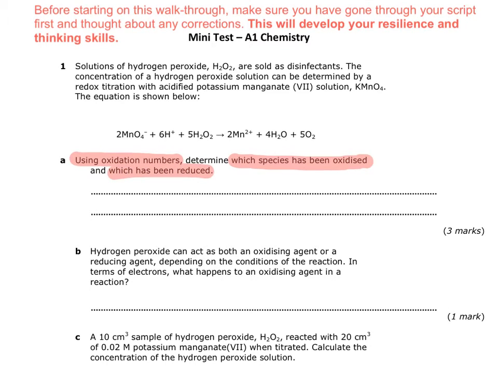So the first thing to do is obviously assign oxidation numbers to everything. Remembering that all the oxidation numbers have to add up to the overall charge, I'm going to focus on each of the species, and then within each species see if I can work out the oxidation state of each element. To help me, I'm going to remember the oxidation number rules.